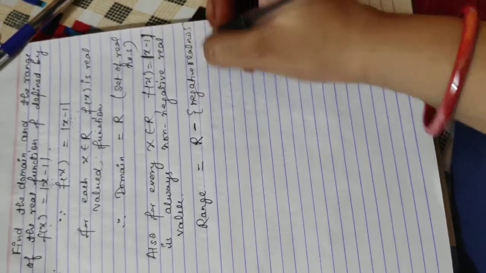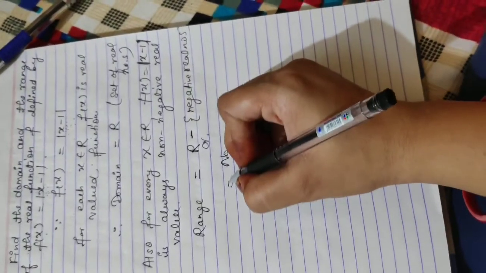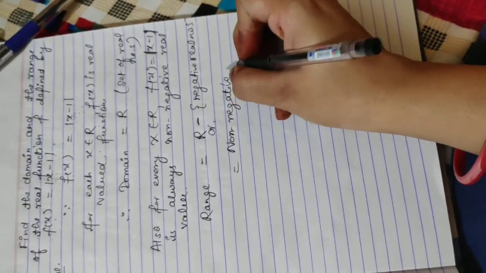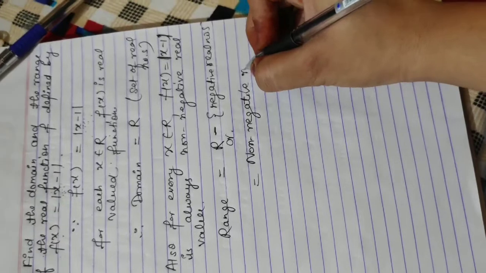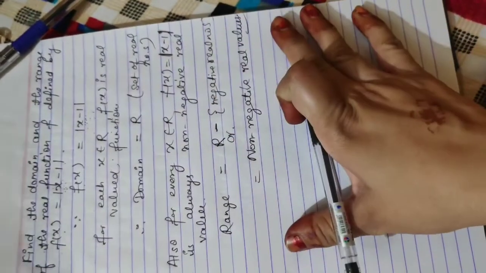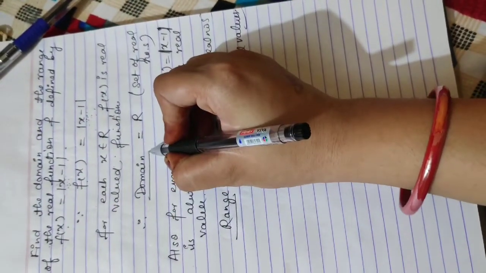Otherwise you can write non-negative real values. Okay, so these are the things which we can write as the range and as the domain of the given function.